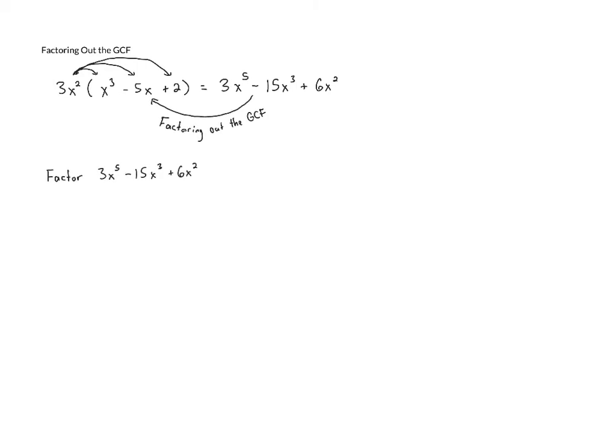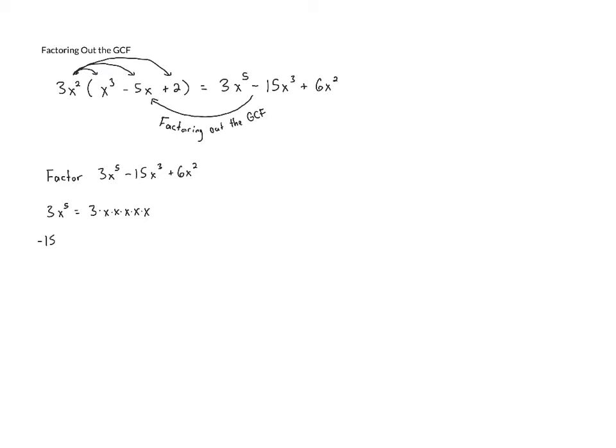Now, we're going to take each of these terms one at a time, looking at them separately, and factor them individually. So 3x to the 5th: 3 is prime, so we can't break it down, and x to the 5th is x times x times x times x times x.